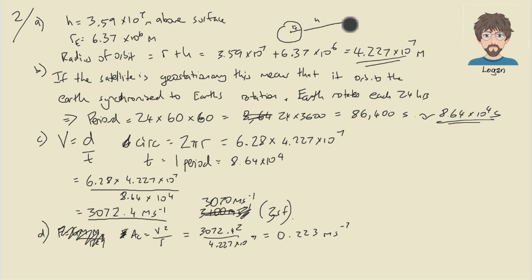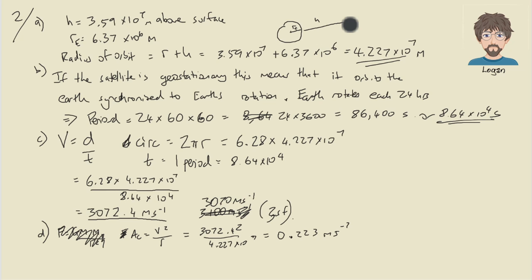meters per second squared, which shows that the gravity way out there is pretty low, because this centripetal acceleration is going to be provided by gravity. And if we look at the radius of its orbit, it is greater by a factor of nearly 10 than the radius of the Earth.